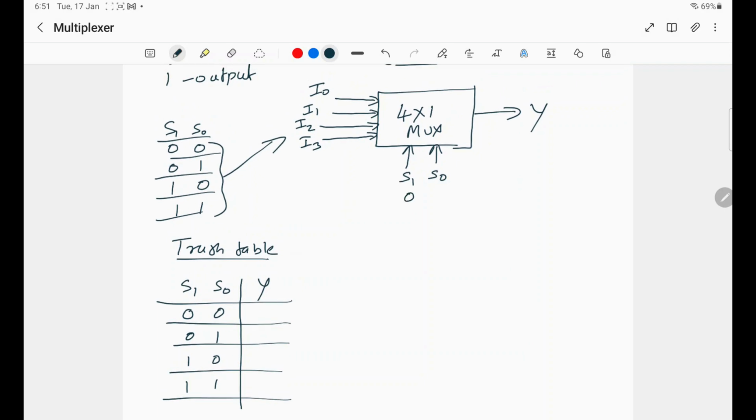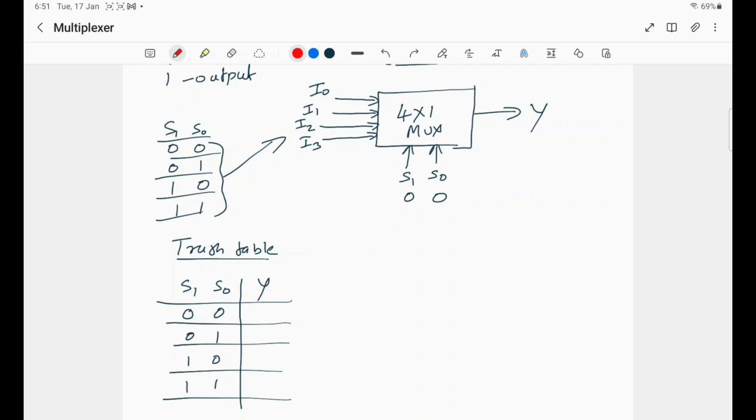When the select line is 0, 0, we can decide which input should be available as output. Either it can be I0 or it can be I2, any input. It's our choice, as per our design, when we draw the logic diagram.